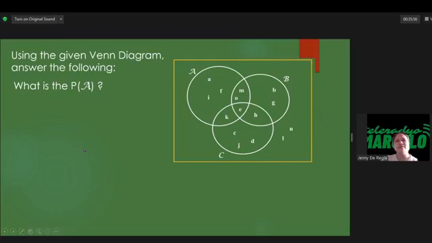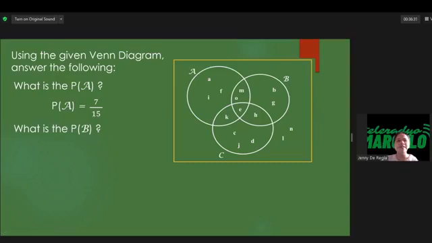The probability of an event A is equal to 7/15, since the left side is A. So 7/15, with 15 as the sample space.